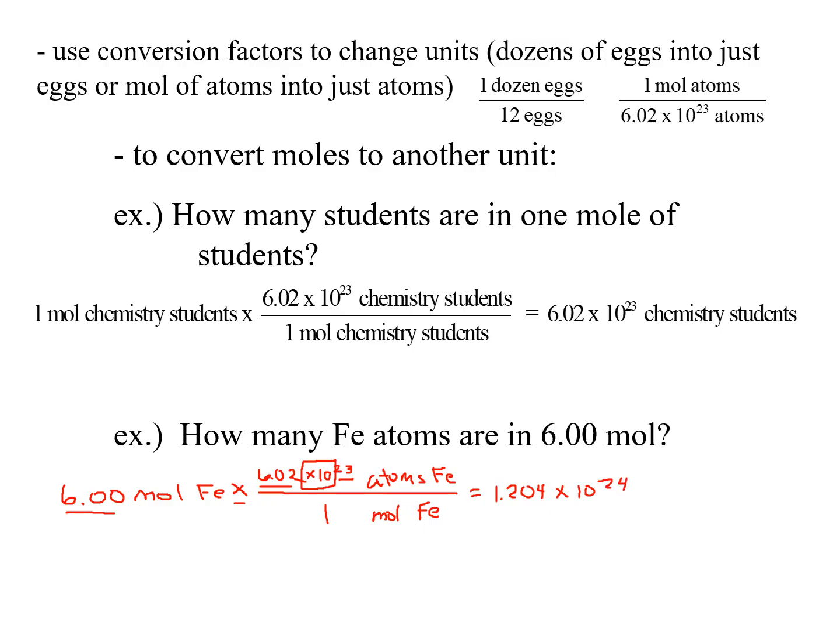And again, depending on your calculator, it might look slightly different, but that's what that would be written as. And our answer is whatever units didn't cancel. My moles of Fe canceled. My moles of Fe here canceled. So I'm left with atoms of Fe. Okay, and then of course I want to circle that final answer of mine.